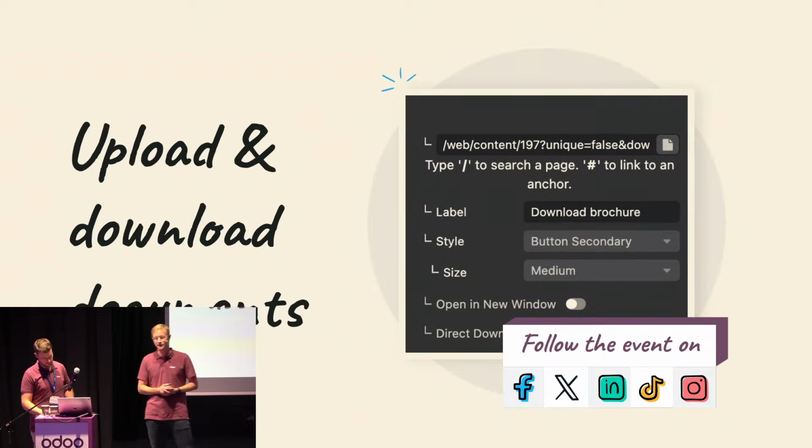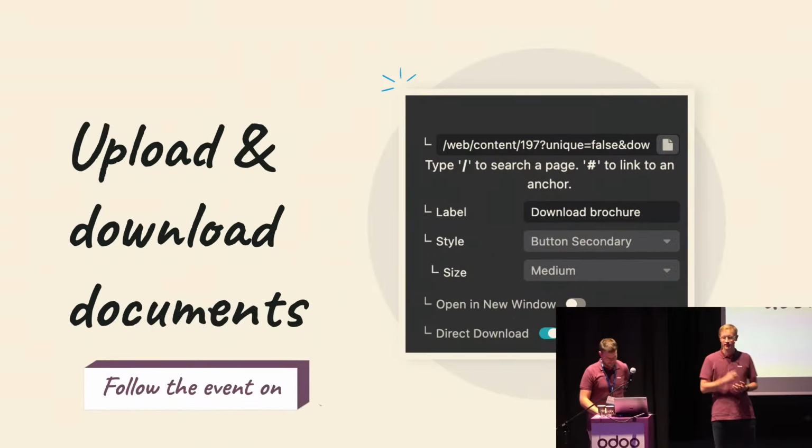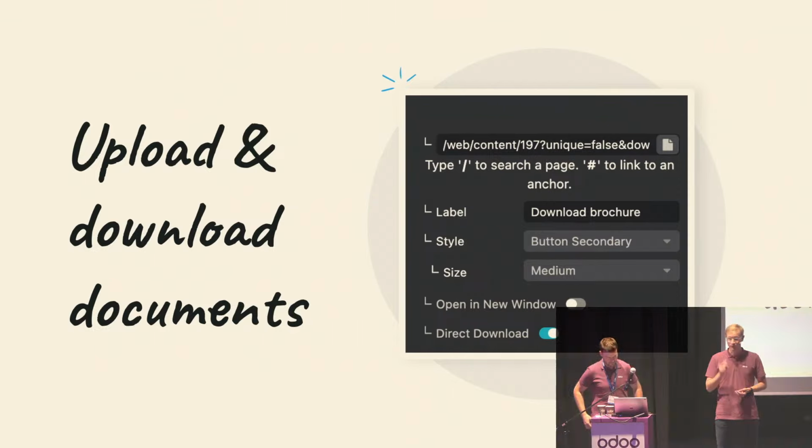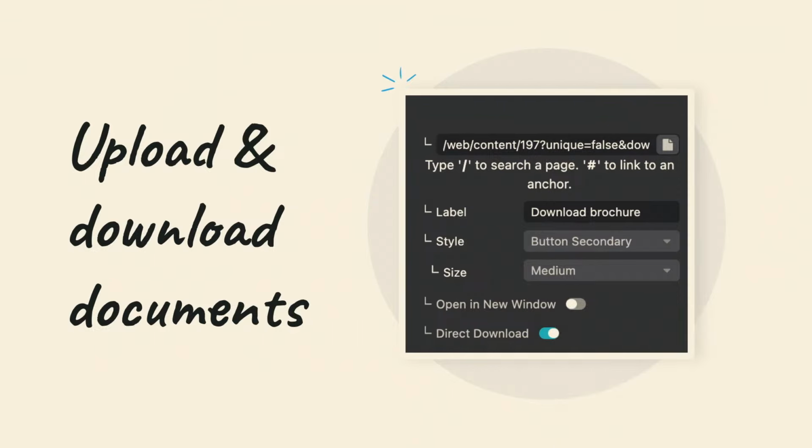Now in Odoo 18, we will let you upload and download documents directly from buttons and links. When you create a new link or a button, we now have a document upload button that lets you upload your documents and give the user the ability to download them or to visualize them directly in the website.